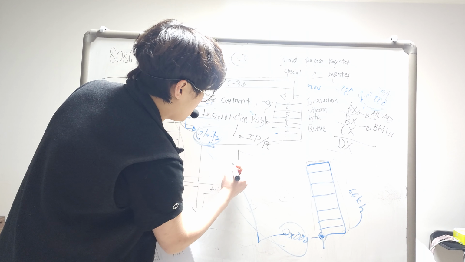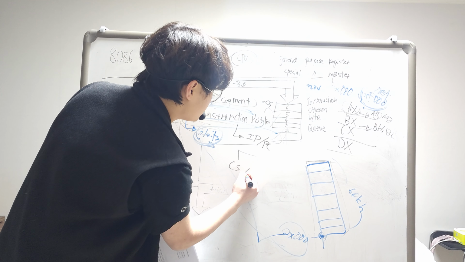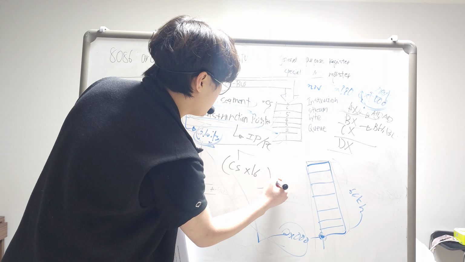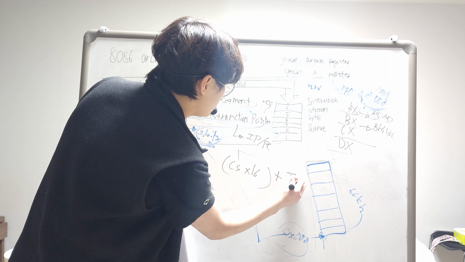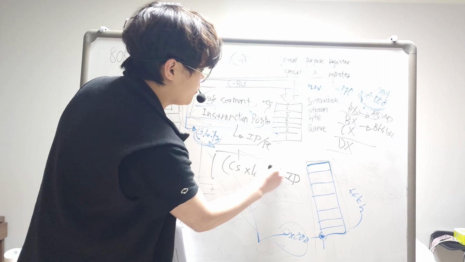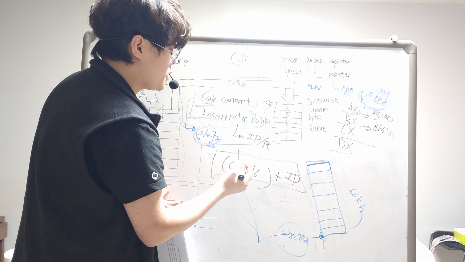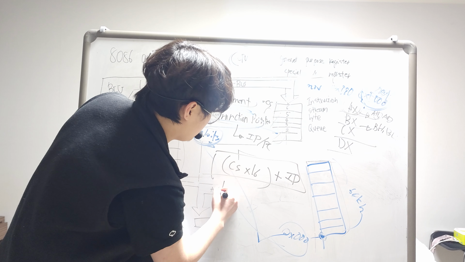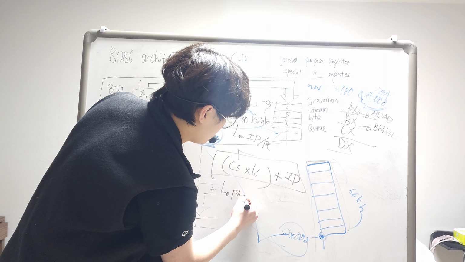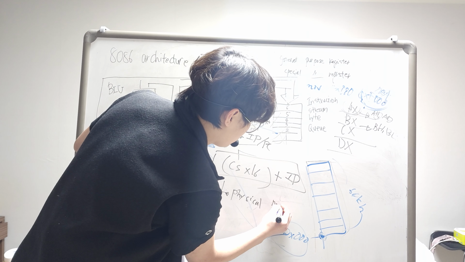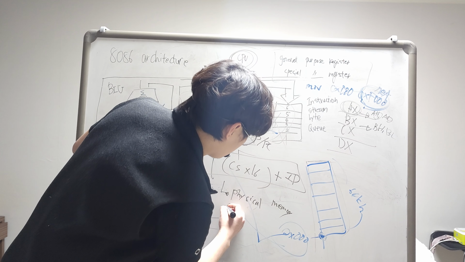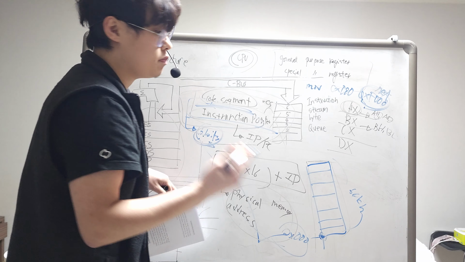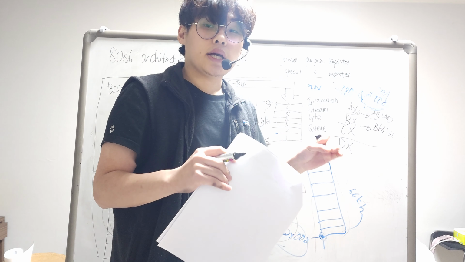CS times 16 because we are using 16 bits in real mode, plus IP. So that is the formula of getting the physical memory address. And based on this information, the CPU is going to fetch the next instruction.